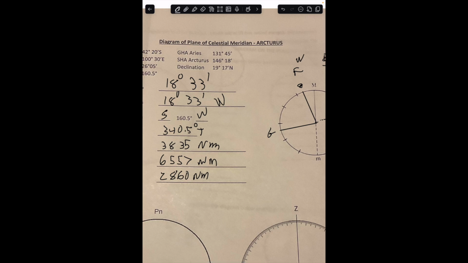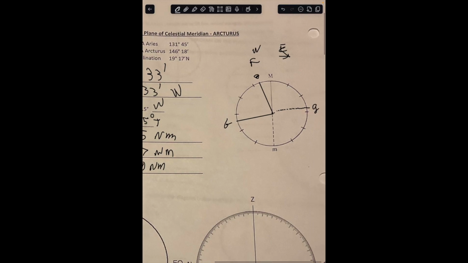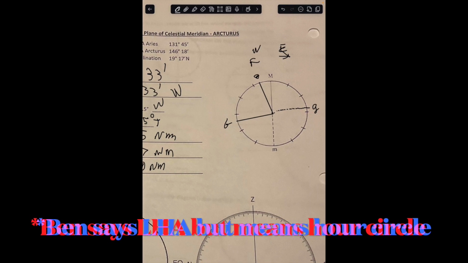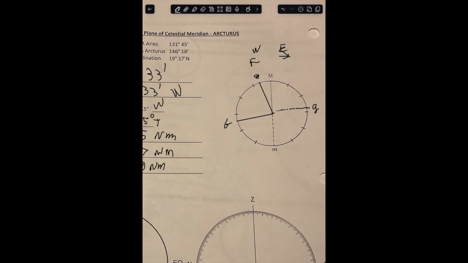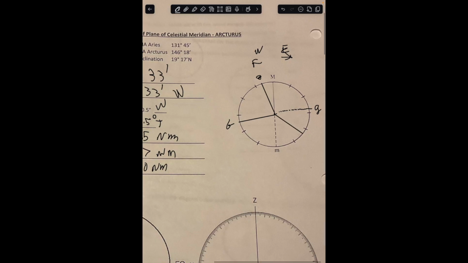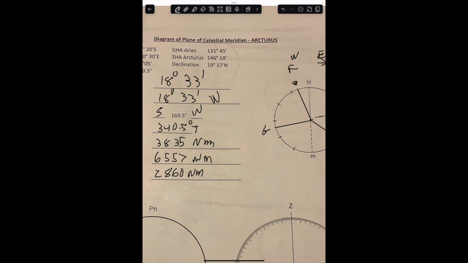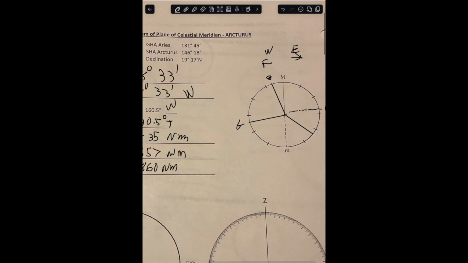I'm not going to plot Aries, but if you did, I'm just looking at my notes, the local hour angle would come out to somewhere over here. And you would calculate the local hour angle of Aries by the same thing, GHA plus or minus longitude. The LHA would come out to 232 degrees 15 minutes, and t would come out to 127.45 east.